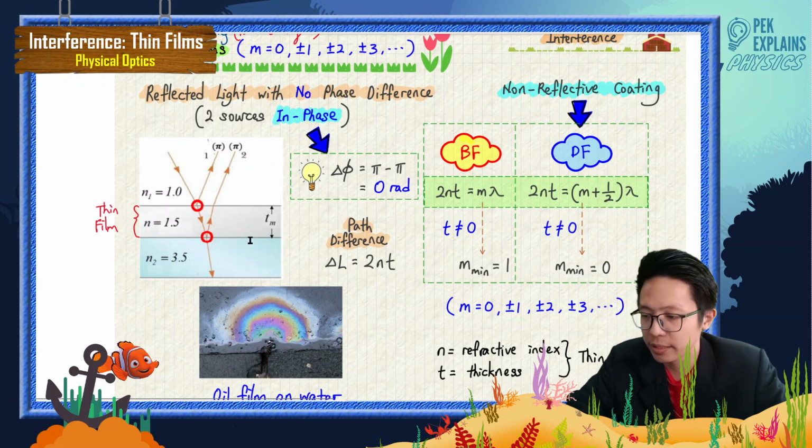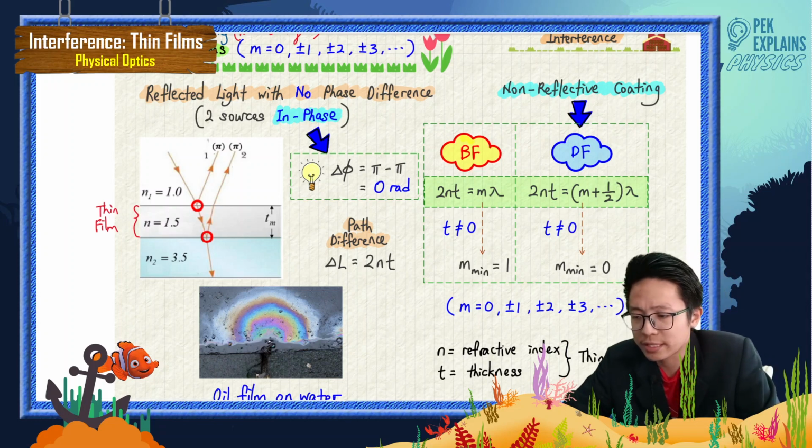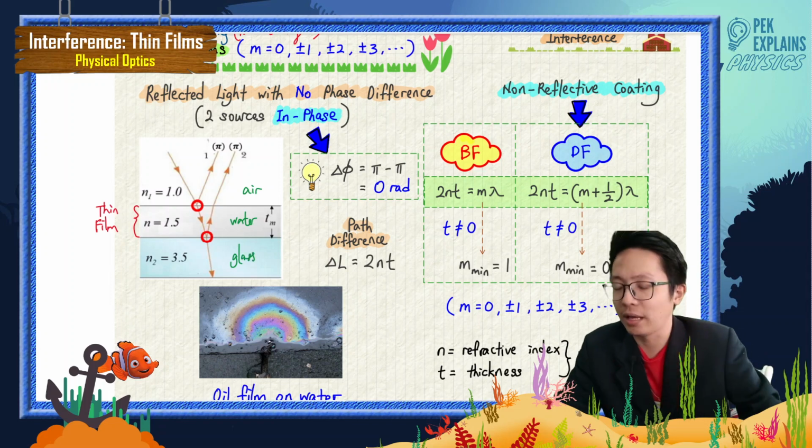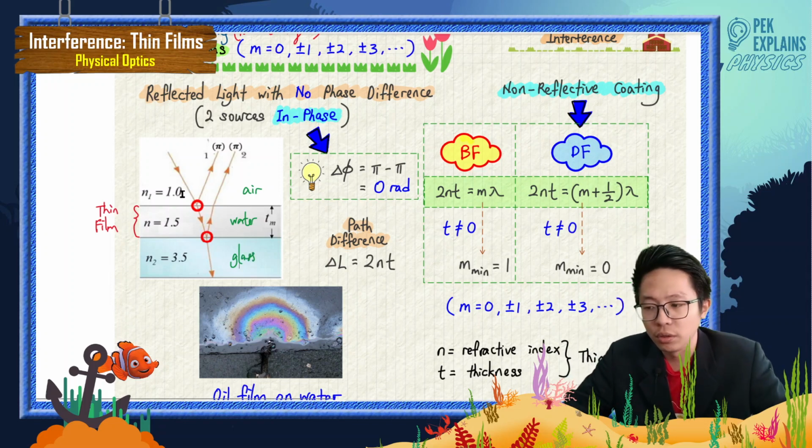Like in this case, you see, lower refractive index going higher and then the highest. Maybe you can put an example: from air going to water, going to glass. From the lowest refractive index going to higher, and then the highest.